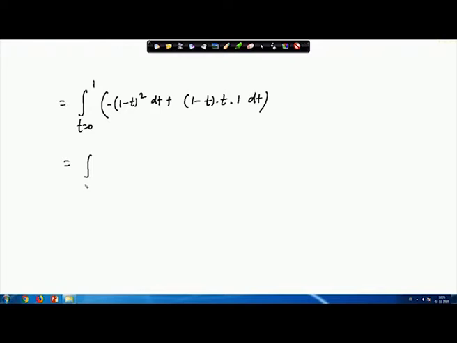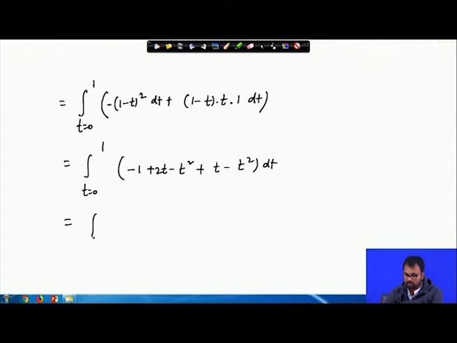So this will be the integral from 0 to 1 of minus 1 plus 2t minus t squared plus t minus t squared dt. This will be the integral from 0 to 1 of minus 2t squared plus 3t minus 1 dt. From here we can do the rest of the calculation.